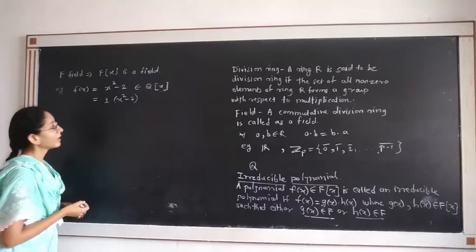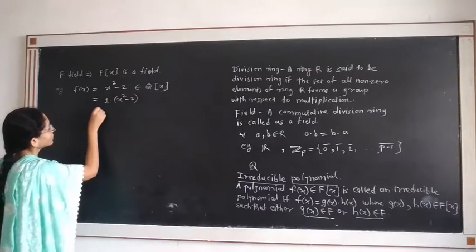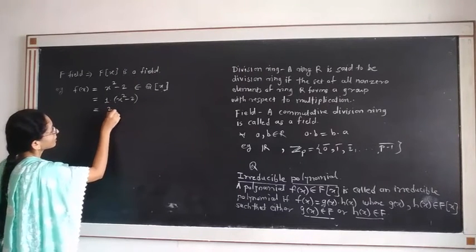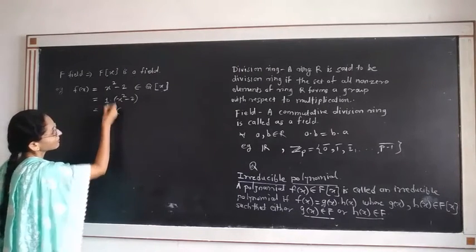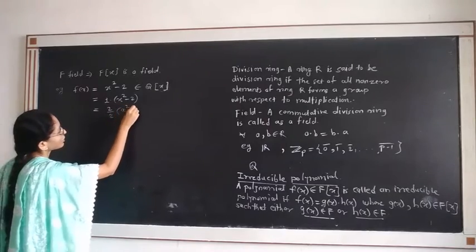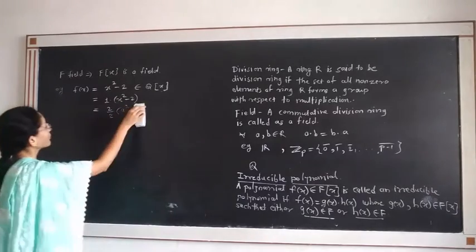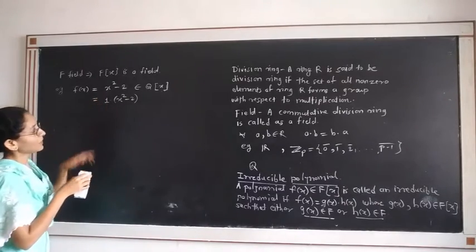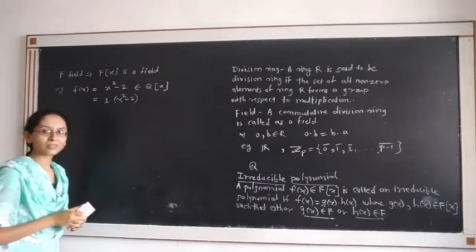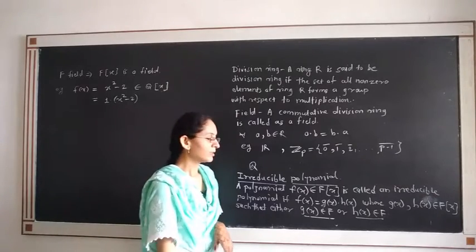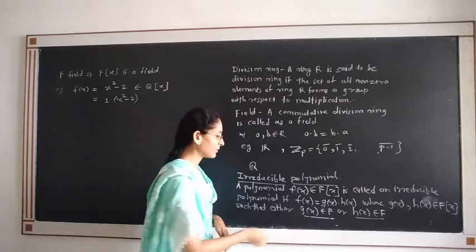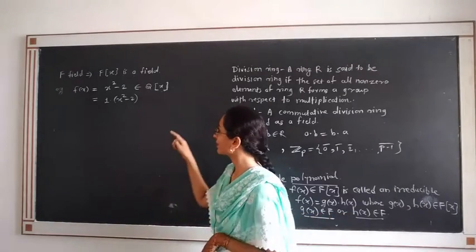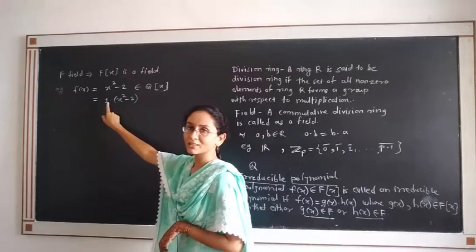Or some of you can also write this as 2 upon 2, suppose. It will come 1 again, x square minus 2, but it doesn't matter. It means if you factor this polynomial, then one of its factors is a constant number. Therefore, it is an irreducible polynomial, because either g(x) is constant or h(x) is constant. Here, we got the number 1 as a constant number.